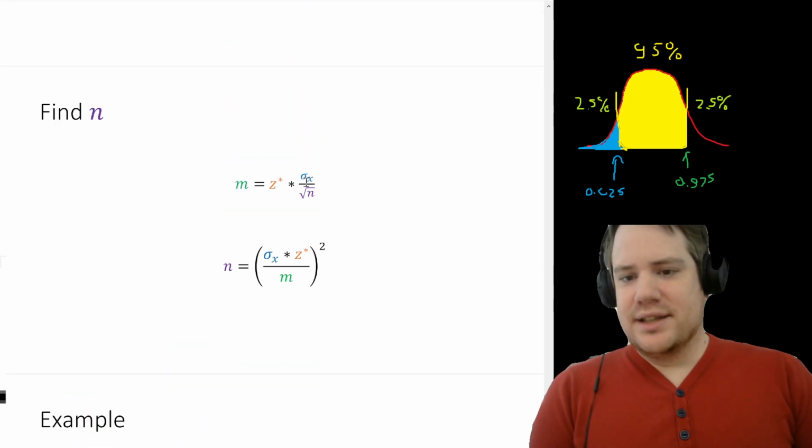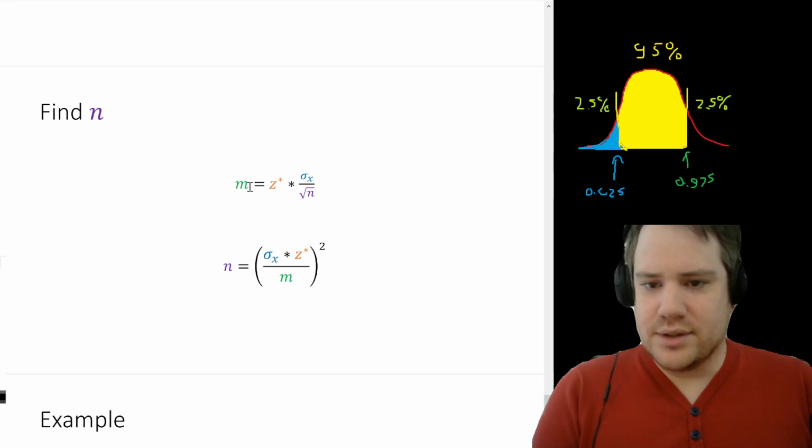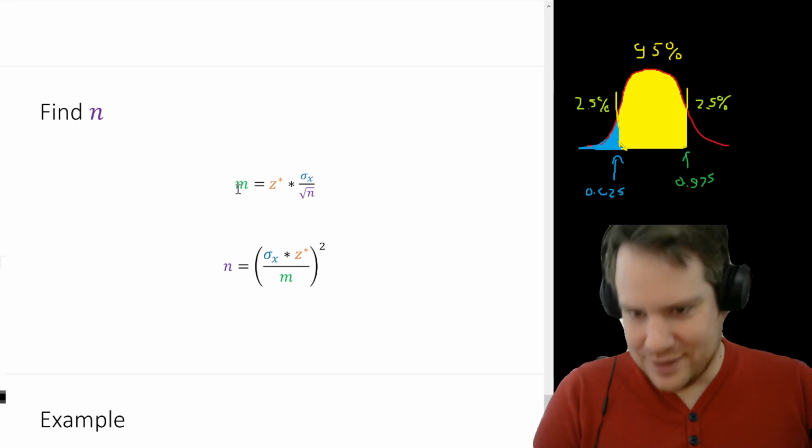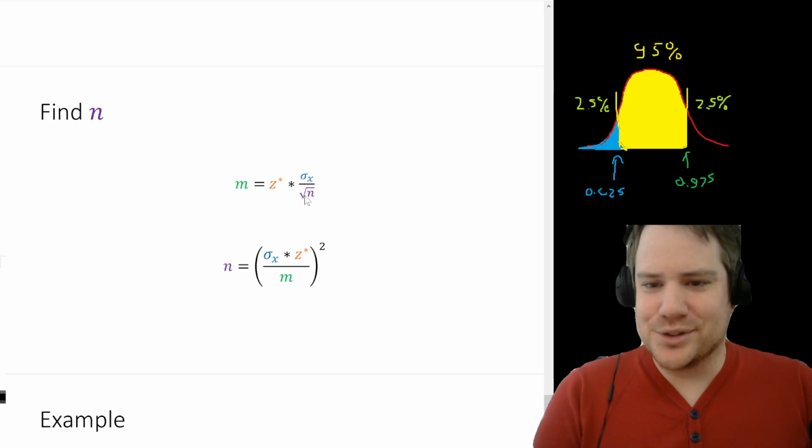It basically takes this formula and transforms it. What happened here is essentially both sides got multiplied by n, so that went there. Then both sides were divided by m, so m went there. And then both sides were squared to arrive at this.